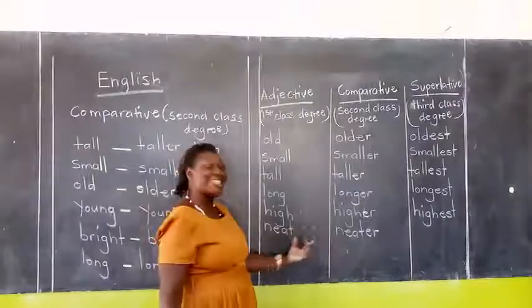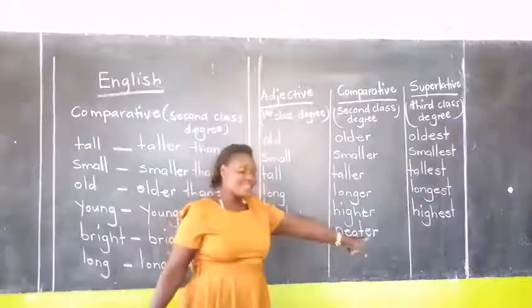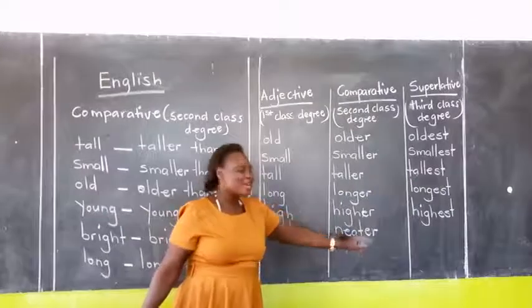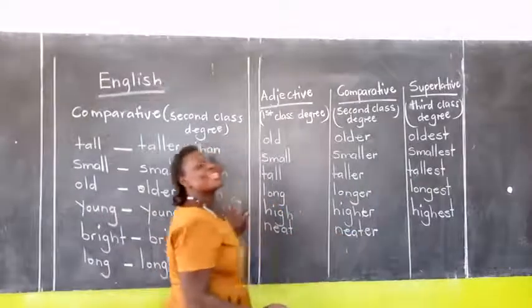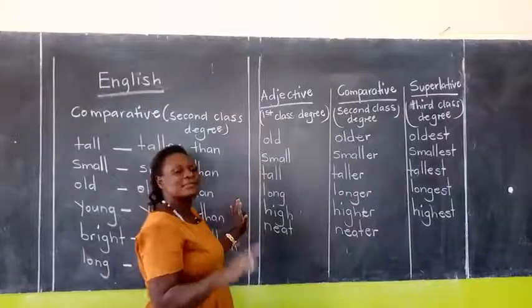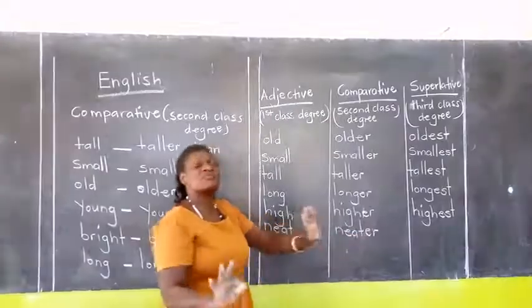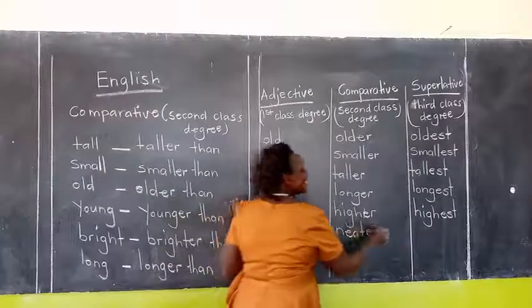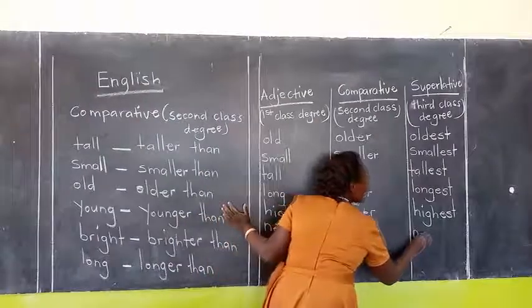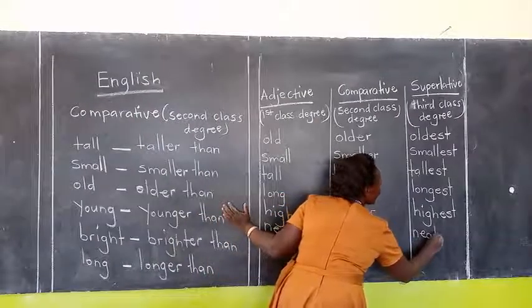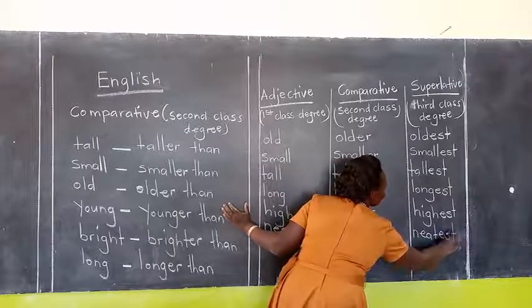You just add ER to the comparative. Then there is another one which is the best out of the two. It becomes extremely good. That is neatest. Neat, neater, neatest.